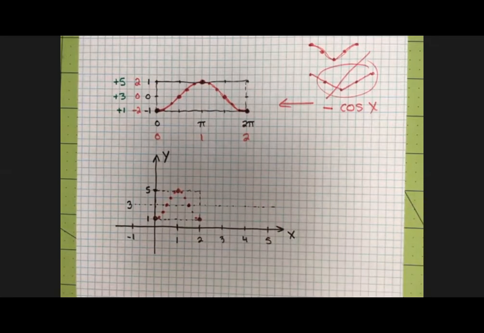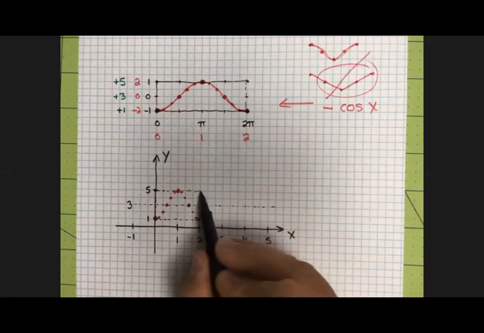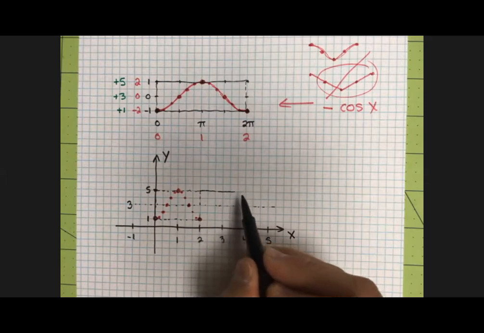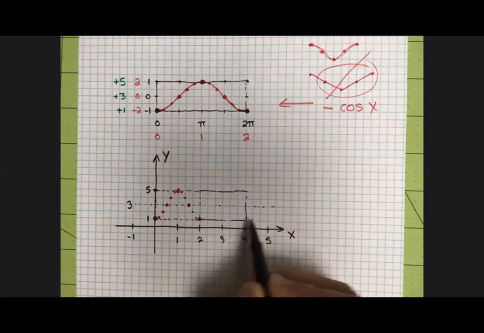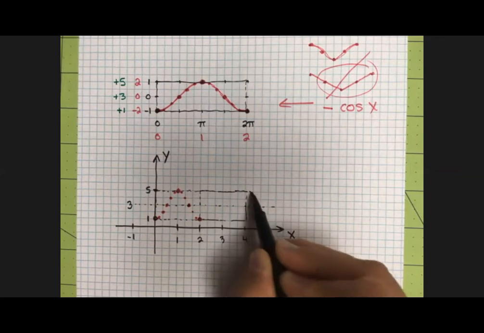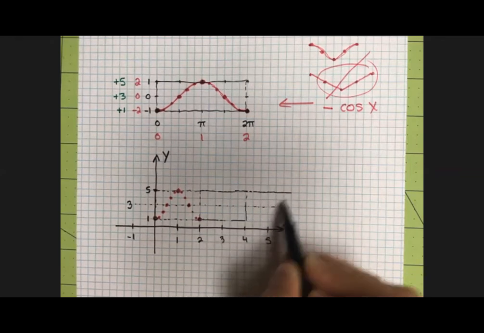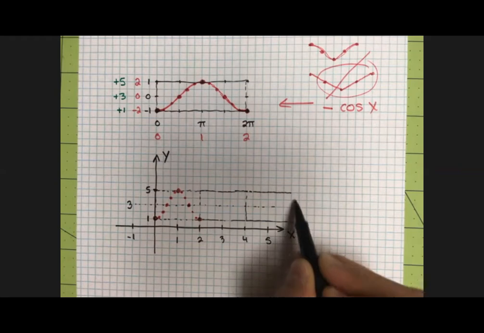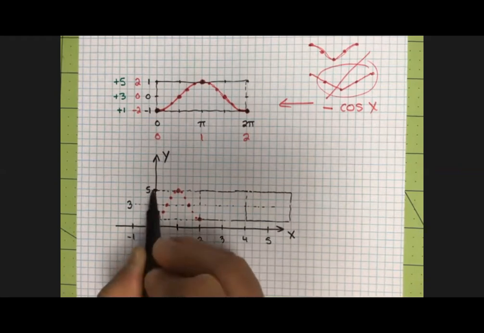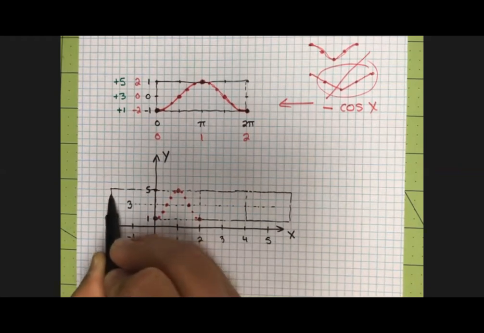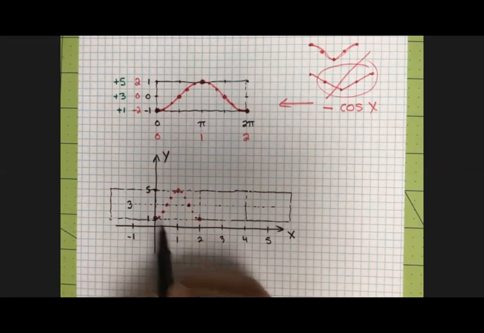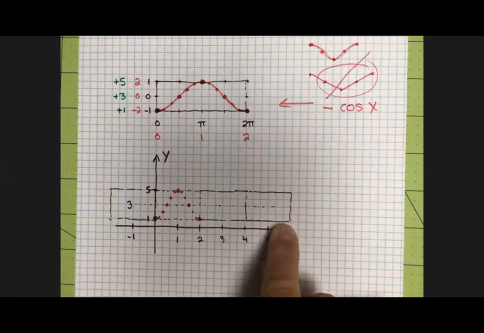Let me make another box. Someone says they want 2 periods out of this. So I'll go up to 4. And you see, the silly thing is, that's 6 boxes wide. I can go as many boxes as I like, left or right. I can make boxes this way, 1, 2, 3, 4, 5, 6. Now I'm going to draw that box outline kind of light.